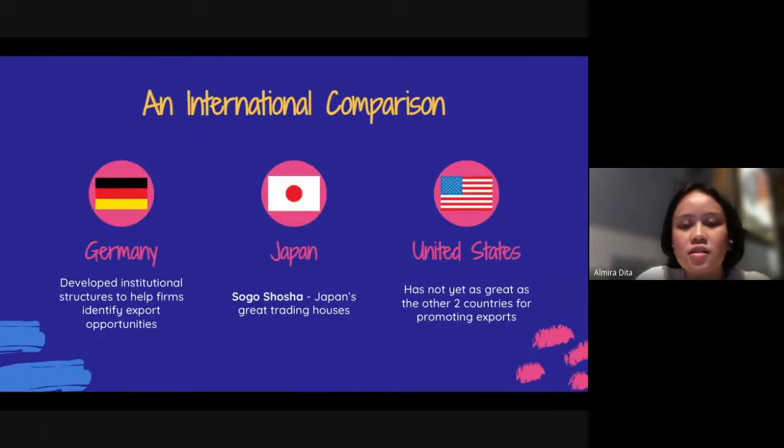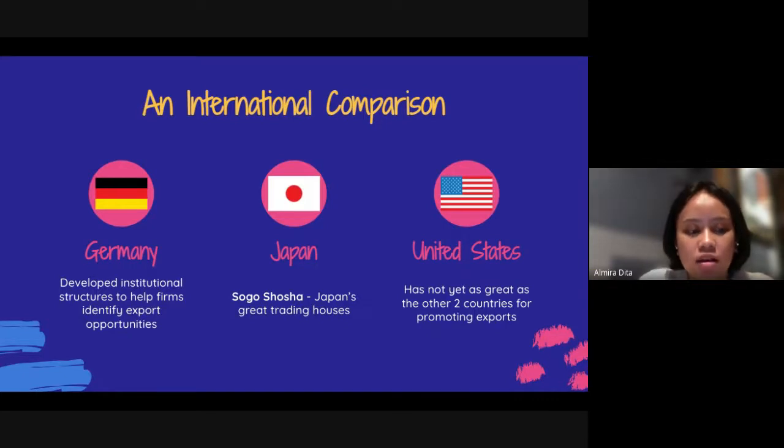So an international comparison regarding exporting involves three countries. The first one is Germany. In Germany, the government, alongside other trade associations and commercial banks, gathers information to help small firms identify export opportunities.